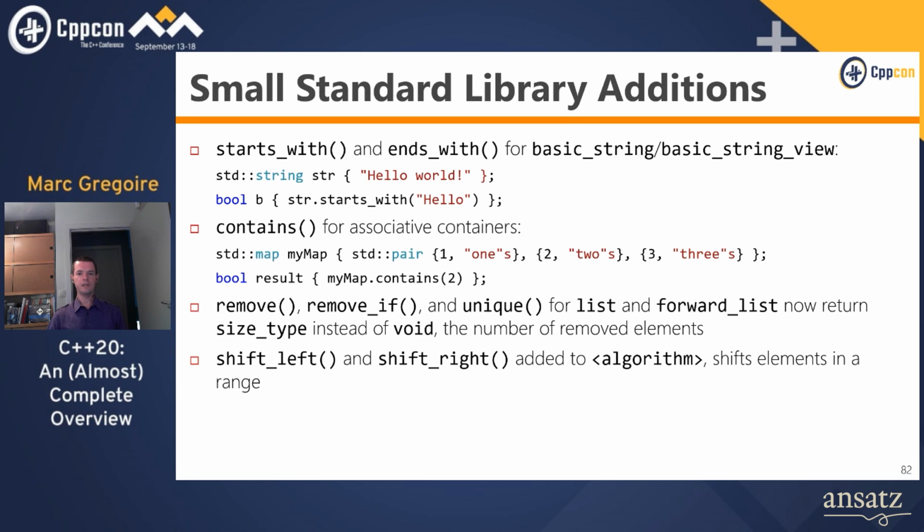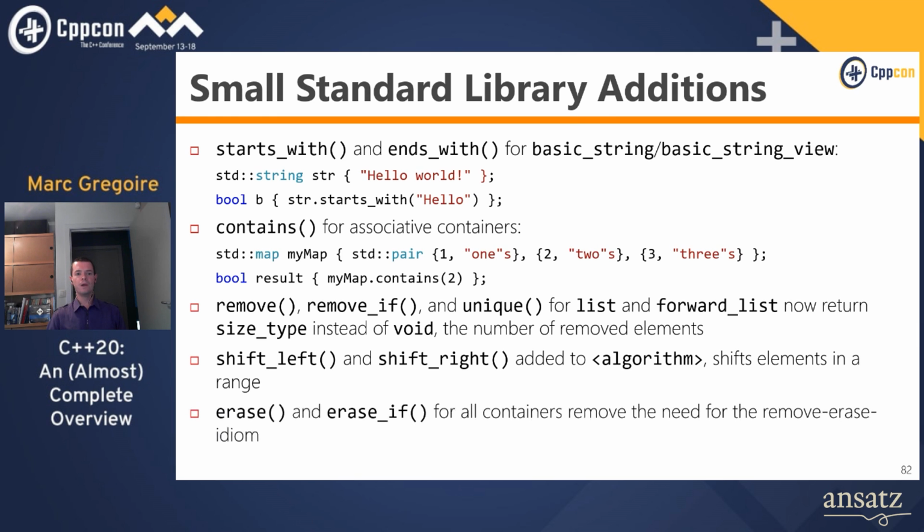We have 2 new algorithms in the algorithm header. We have shift left and shift right. And we have also std erase and std erase if. And by using these, you don't have to use the so-called remove erase idiom anymore. You can just ask a vector, for example, to erase all the elements that satisfy a certain predicate.